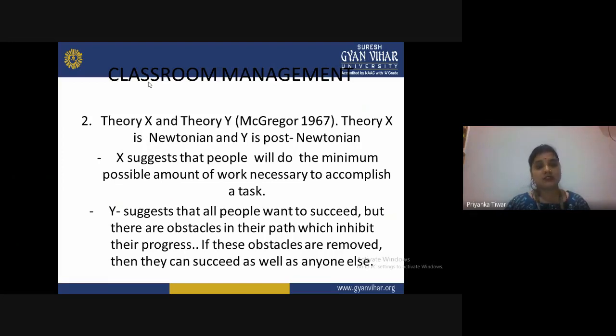X suggests that people will do the minimum possible amount of work necessary to accomplish the task, and Y suggests that all people want to succeed, but there are obstacles in their path. If these obstacles are removed, then they can succeed as well as anyone else.